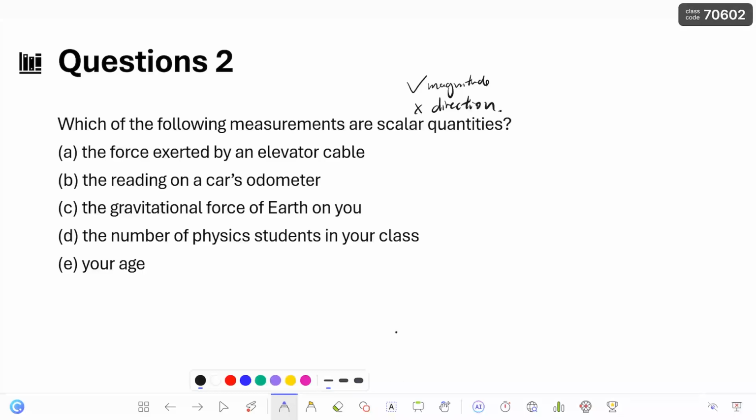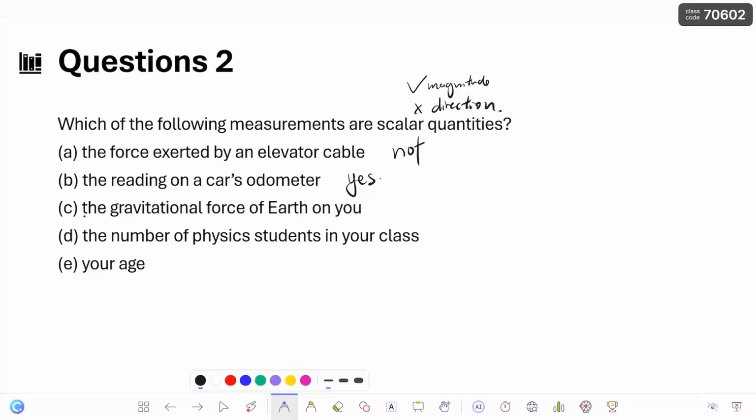So the force exerted by an elevator cable, yes, we do have magnitude and we do have direction. Therefore, this is not a scalar quantity. The reading on the car odometer only shows you the value of the distance, the magnitude. It doesn't show you the direction you are heading. So yes, this is a scalar quantity.